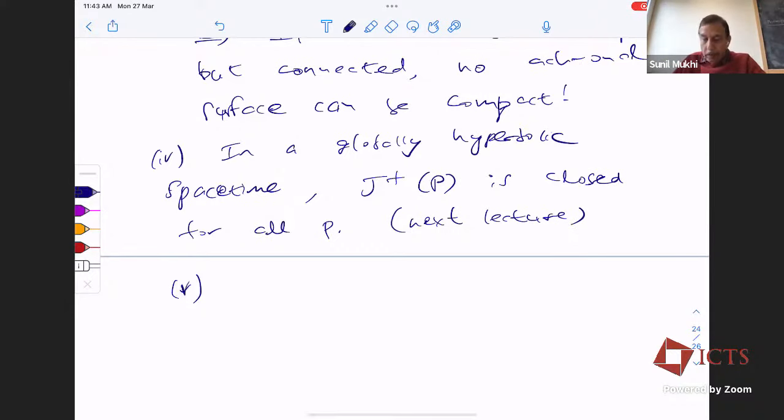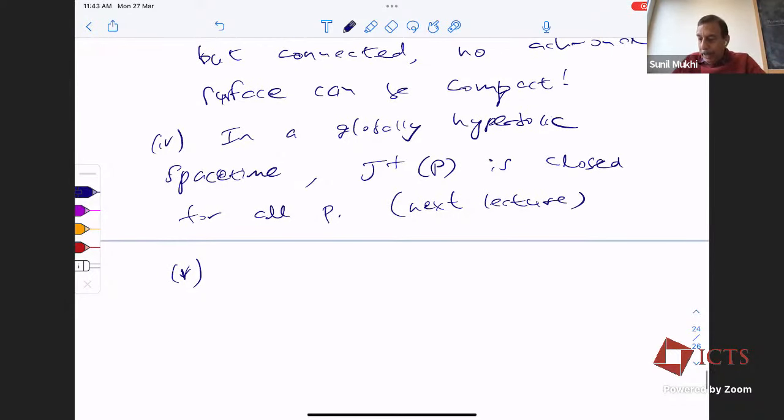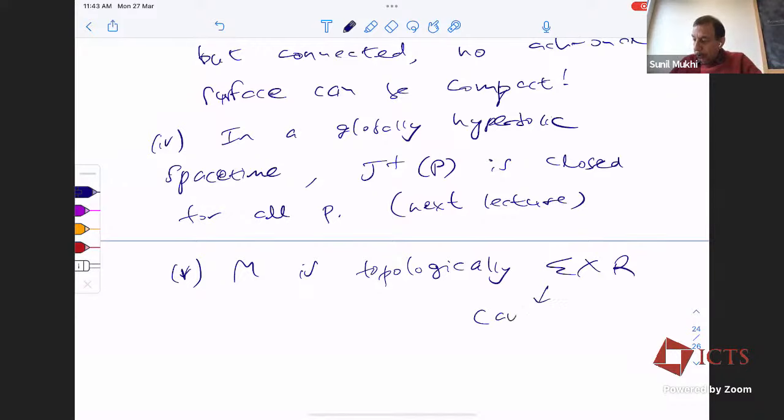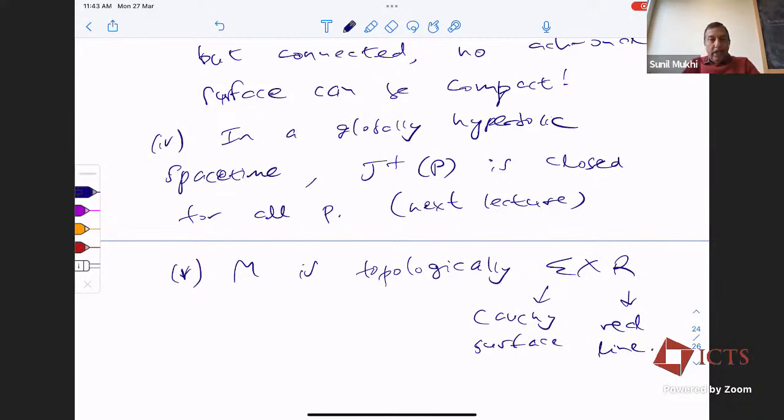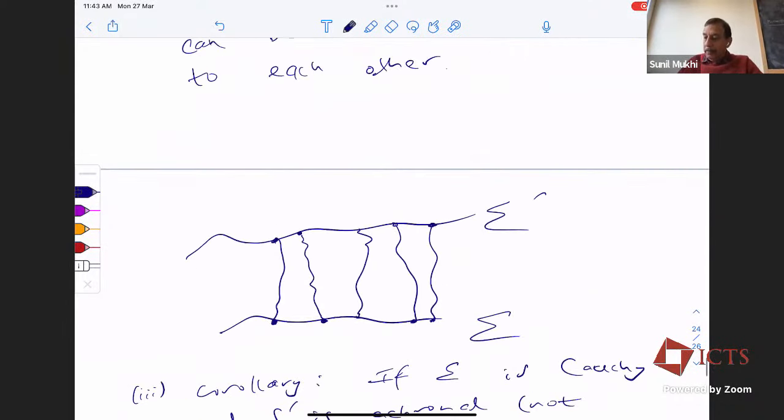Okay, one more corollary. M, the whole manifold, is topologically sigma cross R. So sigma is a Cauchy surface, any Cauchy surface, because they are also topologically equivalent. And this is the real line. You can see the line of proof is exactly the same as this one.